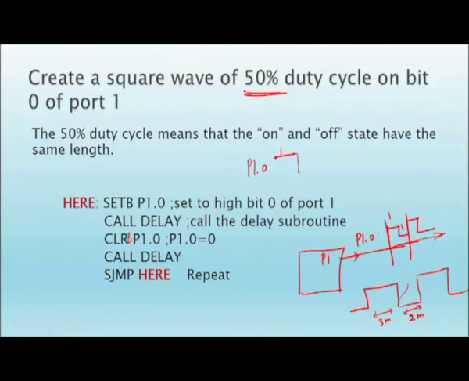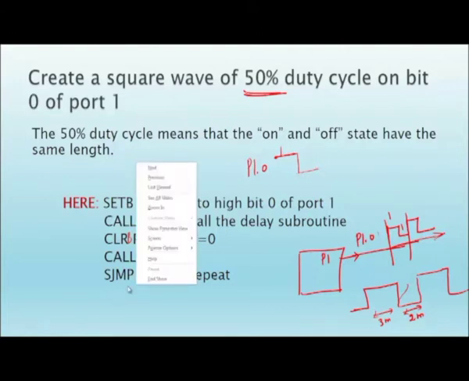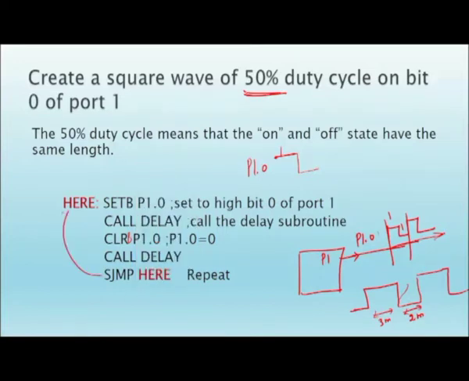Then again I am calling delay, so the value will be maintained for some time. Then again I do a short jump, here I am jumping. So, again it sets the value, then calls delay, then clears the value, then calls delay, then sets. The same process is repeated.